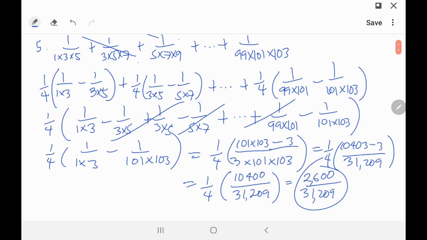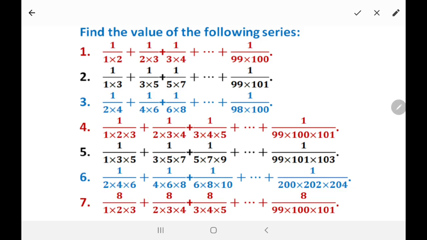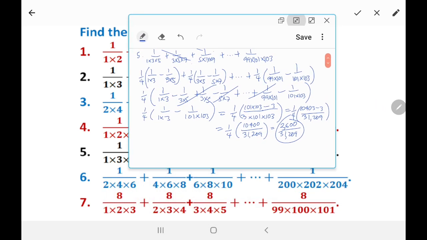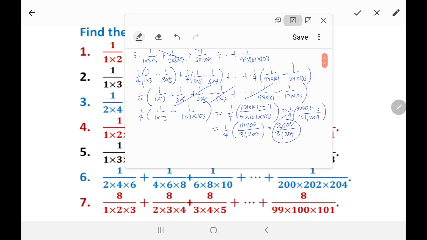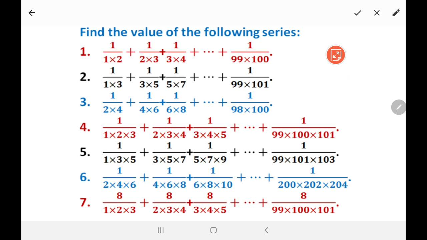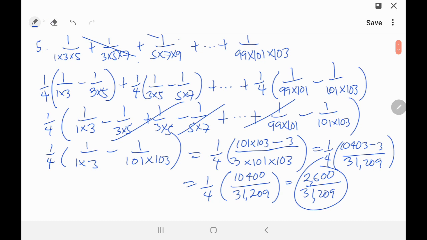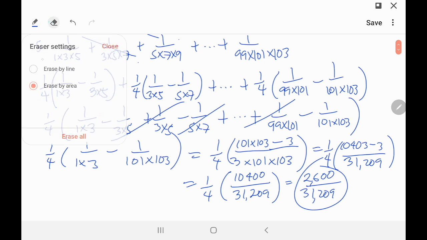Okay, now let's go to the sixth problem. Problem number 6. What if the denominators are only consecutive positive even integers? So how do we do that? Okay, let's erase all these again.